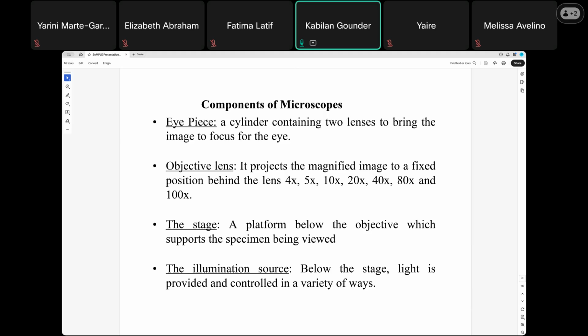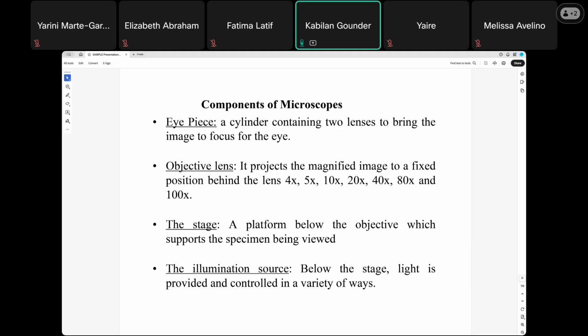So they can adjust the ocular lens to their eyesight. That is the importance of the eyepiece. The eyepiece is a cylinder containing two lenses to bring the images to focus for the eye.